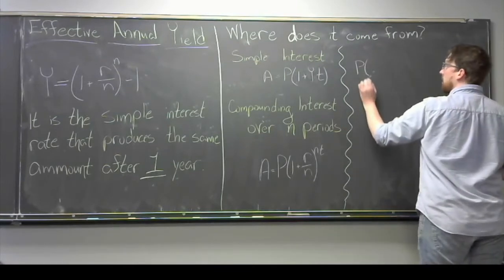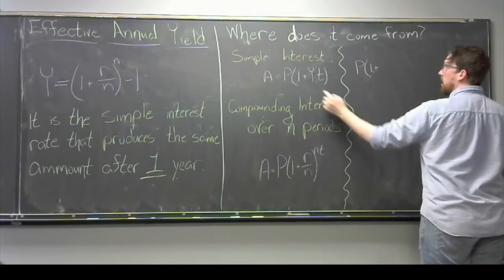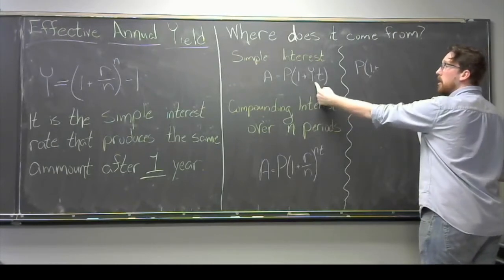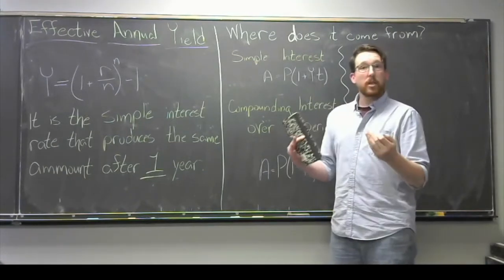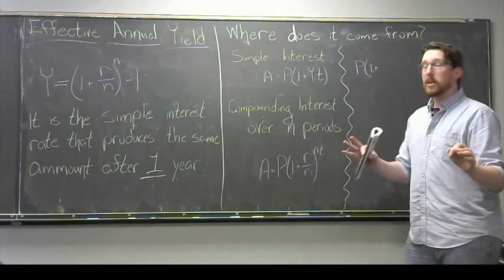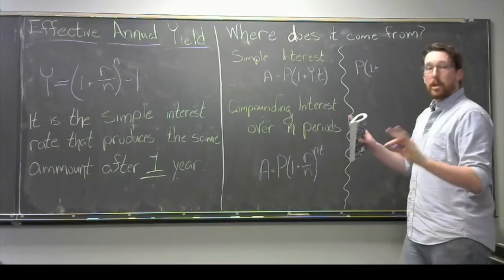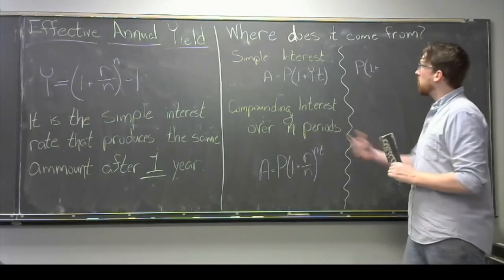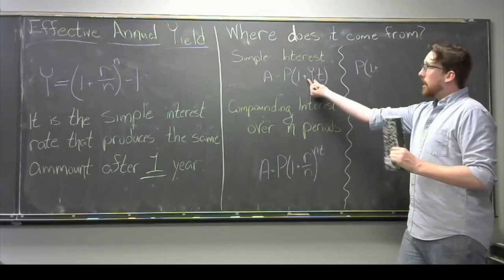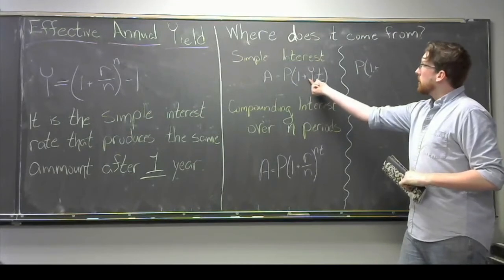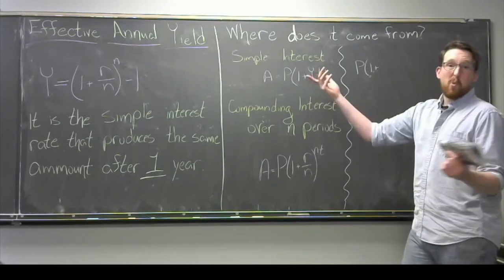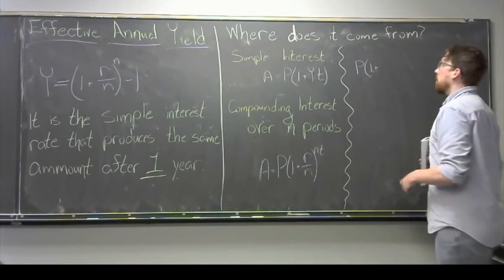P times 1 plus, in the case of simple interest rate, to keep us from confusing the two rates, because they are likely going to be different, they don't have to be different, but they most likely will be, they said, let's substitute this rate with just a y. Let's just write it as y here.